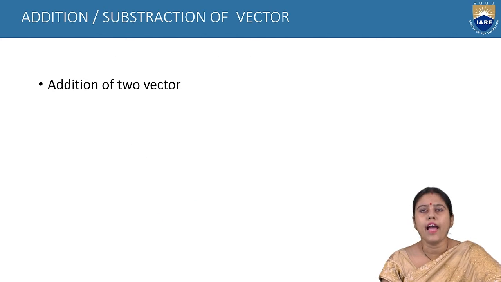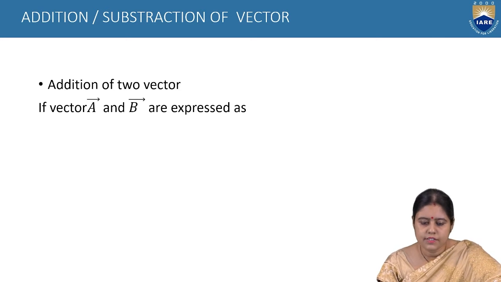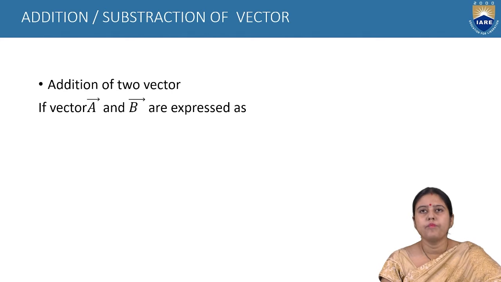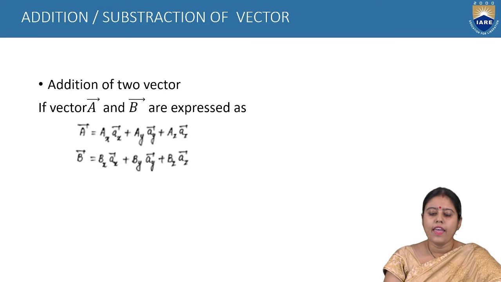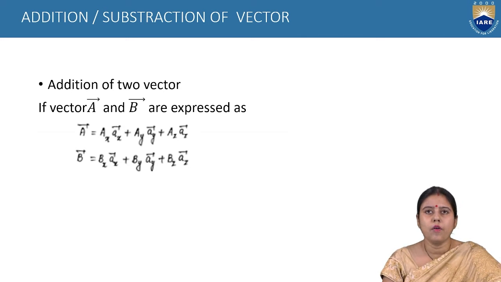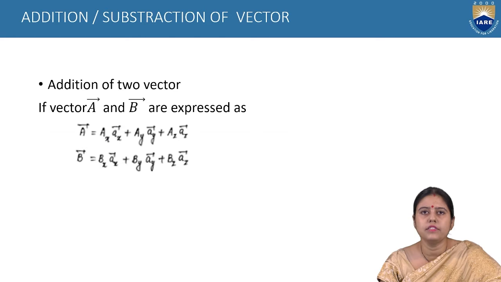Now we will solve the addition of two vectors. What is the formula? Just a recap. If vector A and vector B are expressed as A equals AX ax plus AY ay plus AZ az and B equals BX ax plus BY ay plus BZ az, then while doing the addition, X terms will be added, Y terms will be added and Z terms will be added.